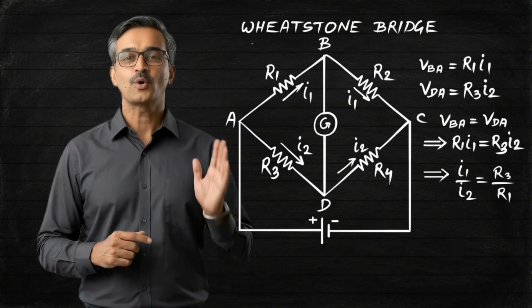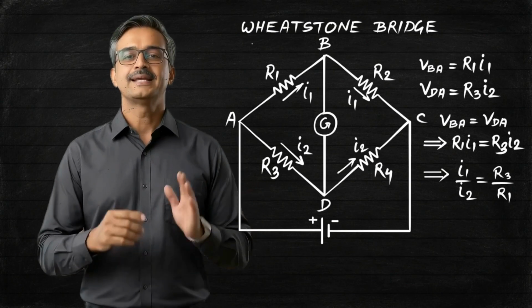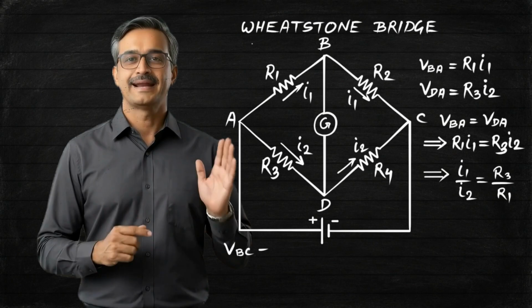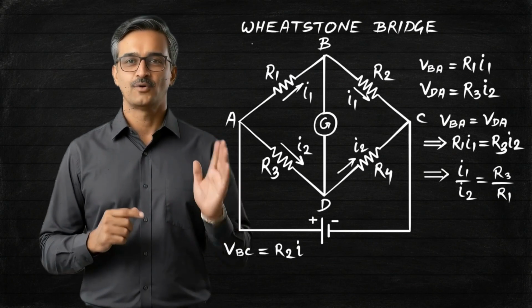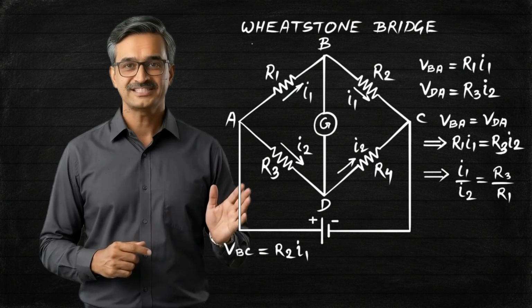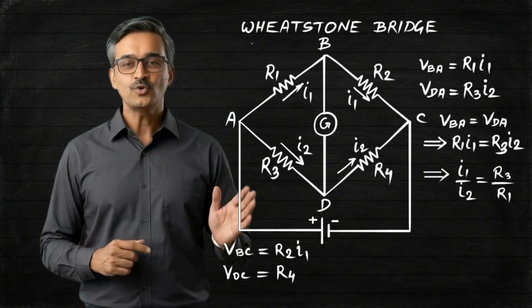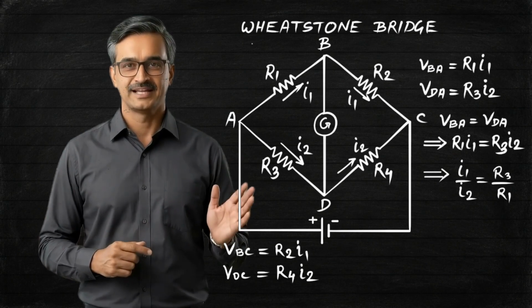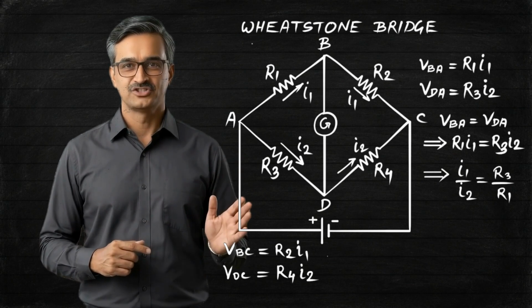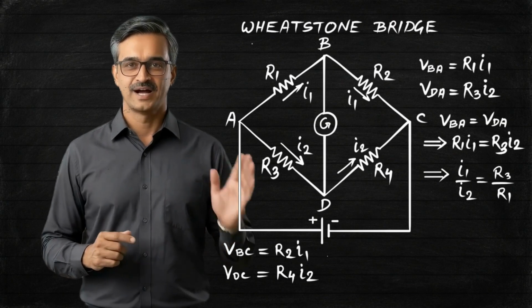Now come to the common point C. The potential of point B with respect to point C is VBC, and that will be nothing but R2 I1. And the potential of point D with respect to the common point C is VDC, and that will be nothing but R4 I2. Again, I am telling you, VBC equals R2 I1 and VDC equals R4 I2.